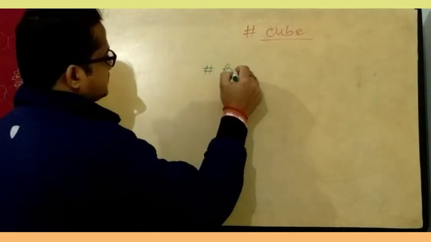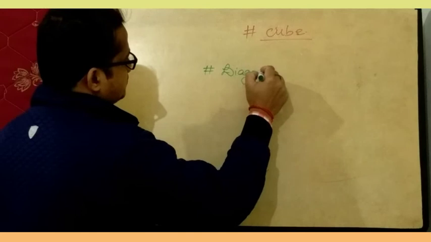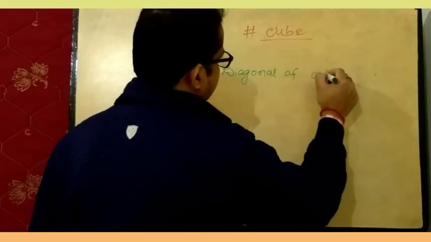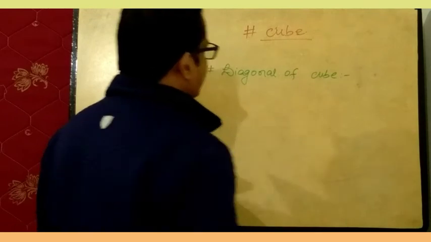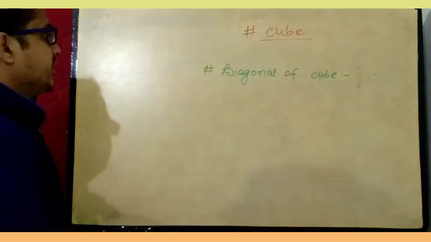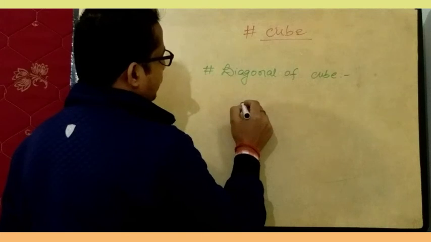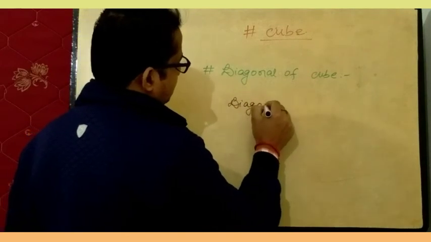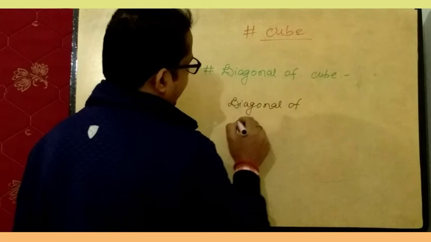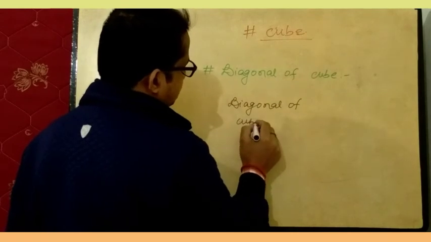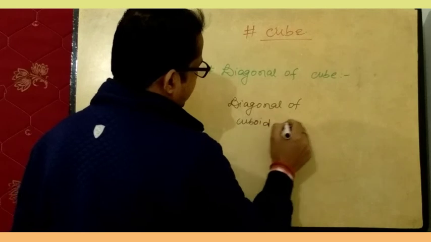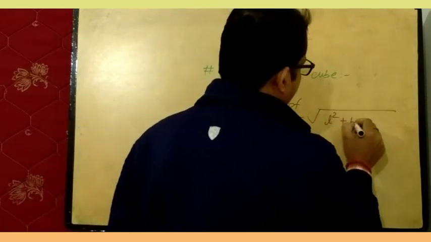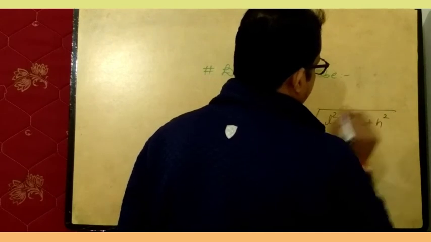Next topic is diagonal of cube. Earlier we calculated the diagonal of a cuboid, and that diagonal of cuboid equals root over L square add up B square add up H square.